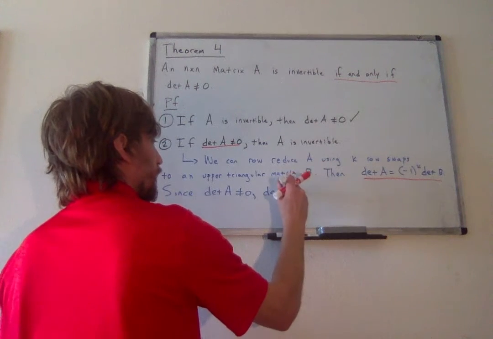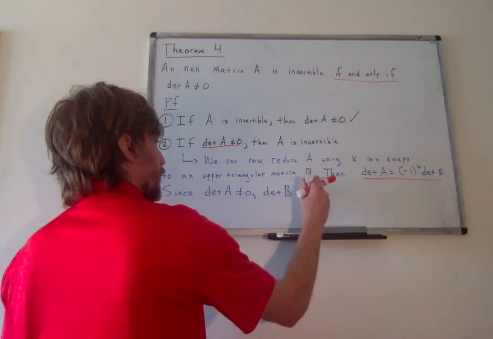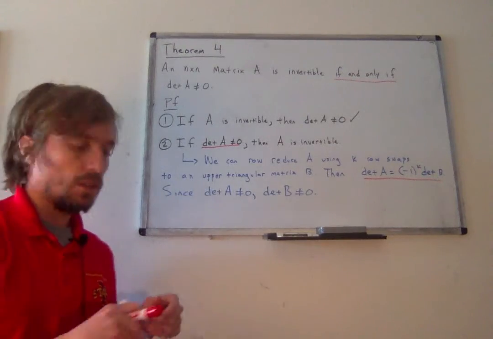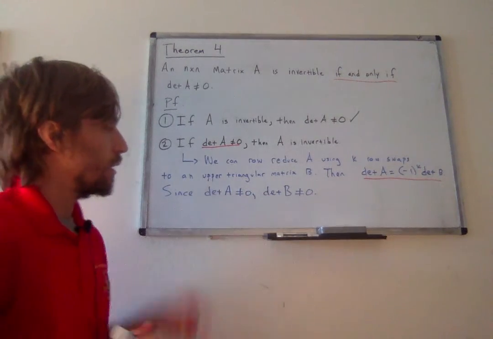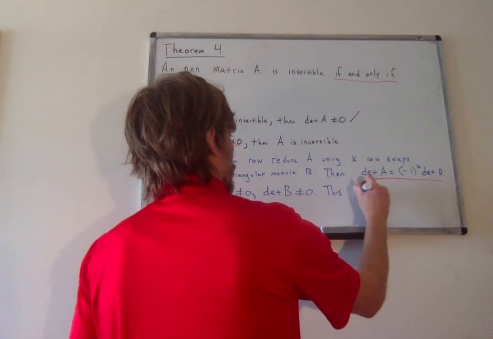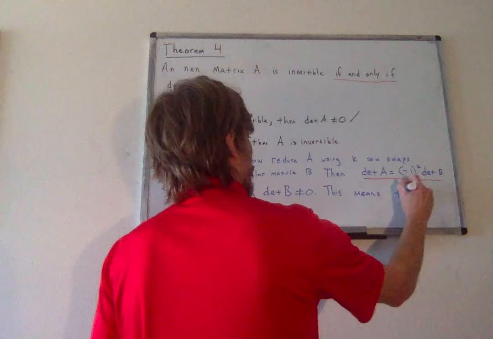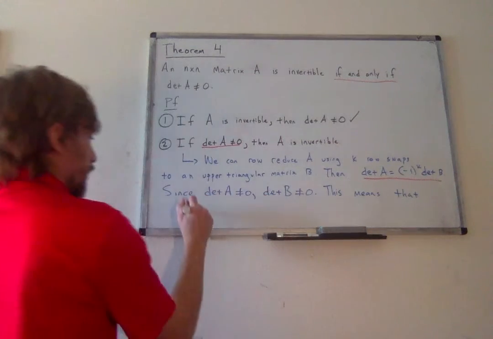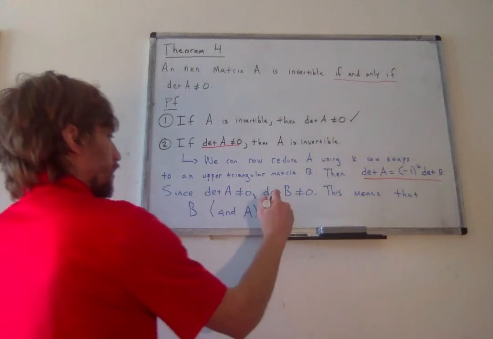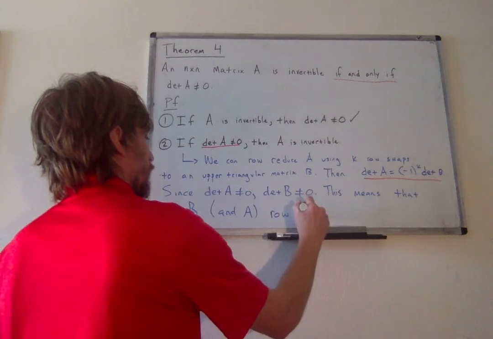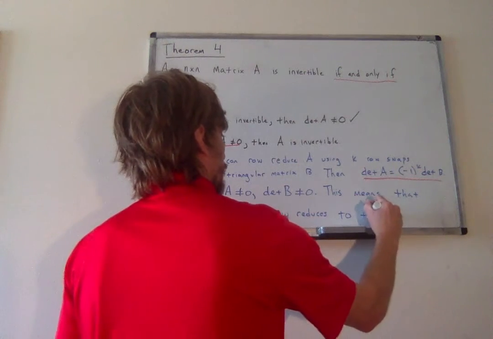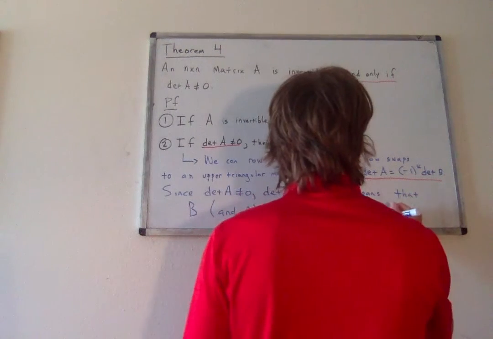Multiplying by -1 any number of times is never going to make something equal 0 that wasn't previously 0. Since the determinant of B is non-zero, as we saw, this means that B and A row reduce to the identity matrix.